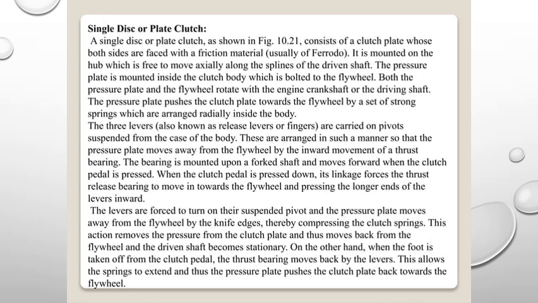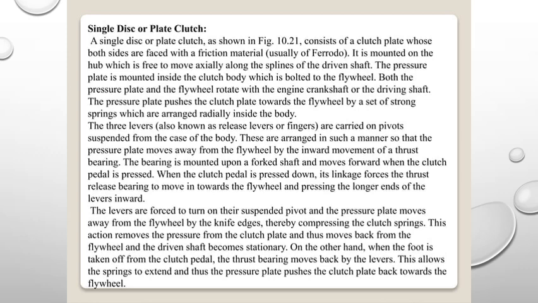The pressure plate pushes the clutch plate towards the flywheel, arranged radially inside the body. The three levers are carried upward, suspended from the case of the body. These are arranged in such a manner that the pressure plate moves away from the flywheel by inverse movement. The bearing is mounted on a fork and moves the fork when the clutch pedal is pressed.